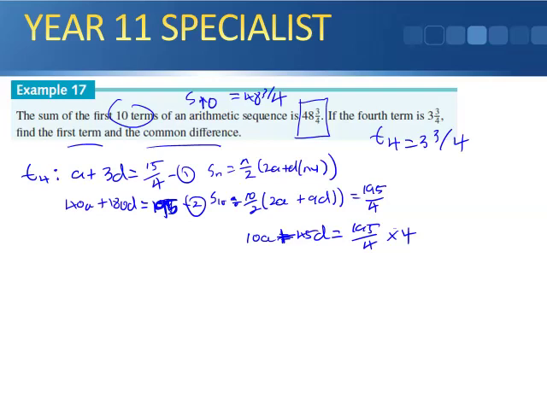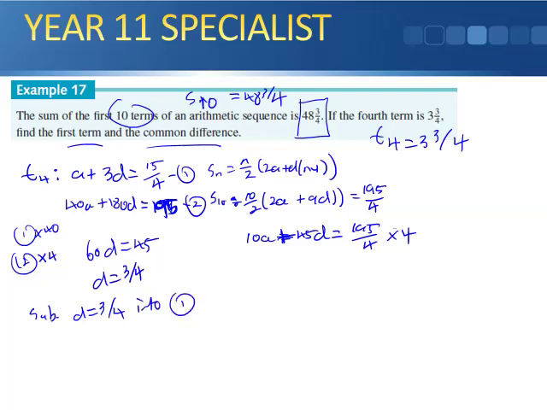So when I times the first one by 40, and I'll times the second one by 4, and when I work all that out, I end up getting 60d equals 45, so d equals 3/4. And of course I'll substitute that, d equals 3/4, into equation number 1, and I'll get a equals 15 on 4 minus 9 on 4, which gives me 6 on 4, which equals 3 on 2.